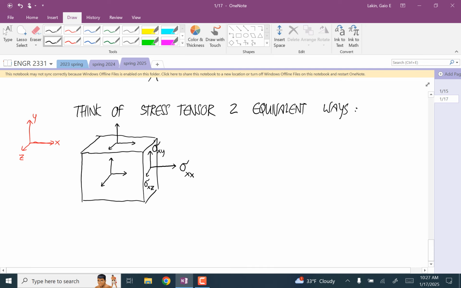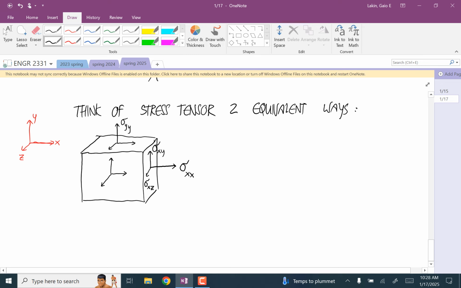And then what about on the Y face? All of these, you can think of as starting with Y, right? So this is Y, Y. Now, for rotational equilibrium, these other two, we could write as YX and YZ, right? That's what the naming convention says.